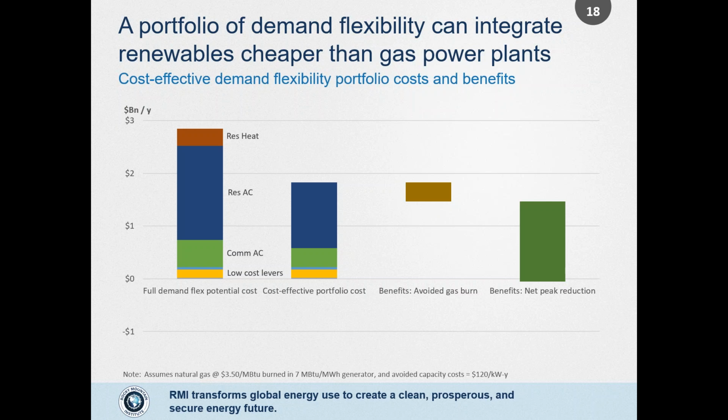And that is due to the avoided curtailment, the gas that you would be building to integrate those renewables. And then we also have benefits due to the net peak reduction, which is more of the capacity. So this is the operations, and this is the actual capacity that is built in order to meet peak load.